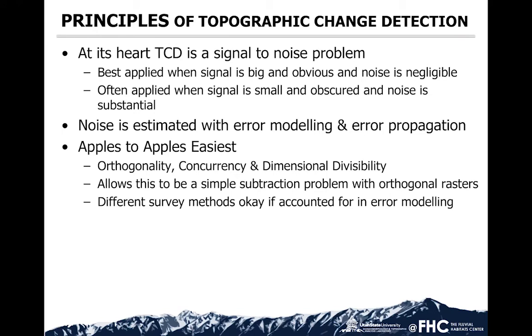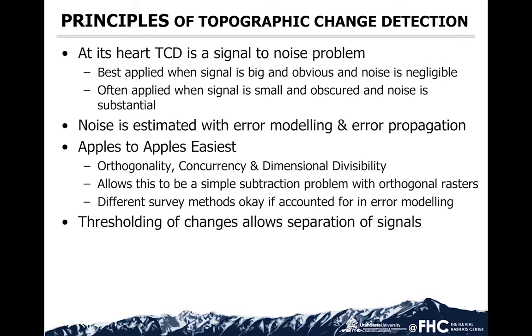I sort of made this point already. We use thresholding of our changes typically to allow the separation of the signals that we're interested in from the noise. There's more sophisticated ways of doing this with modeling. For example, instead of just modeling elevation at two times, we can model a distribution of elevation and do subtraction, for example, on PDFs of elevation.